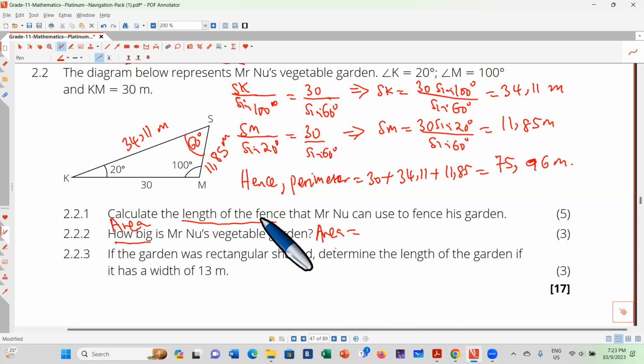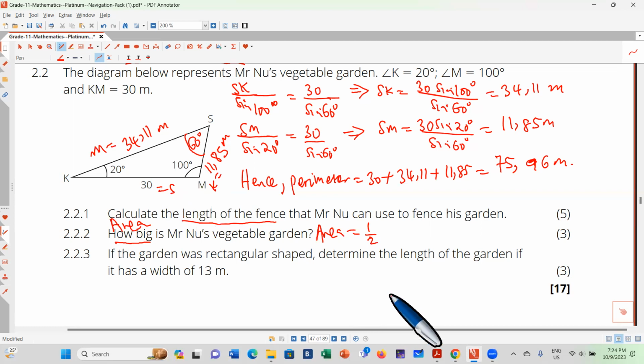So to find the area of this triangle here, we understand that this one here is the side small k, because it is opposite angle K. Opposite angle M is small m. So you have half, and this one is small s.